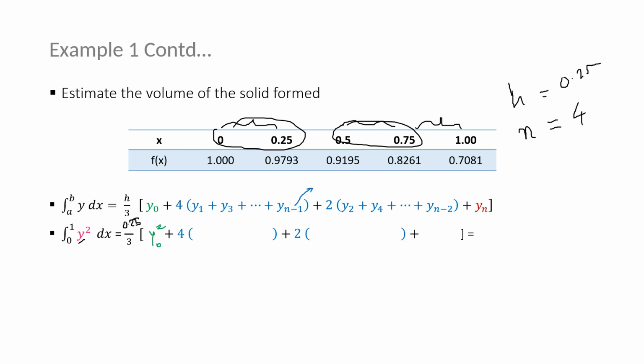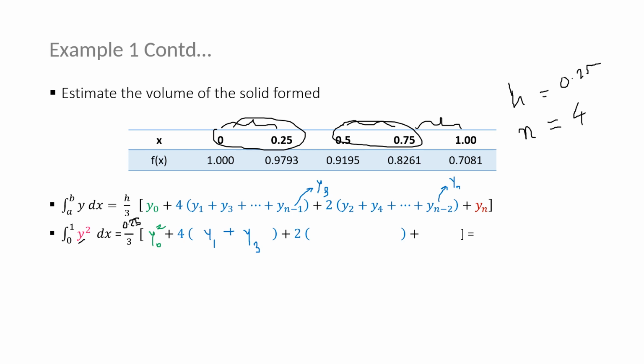As n is 4, this is 4 minus 1, 3. So the last term in the first blue colored bracket should be y3. Hence there will be only two terms in this bracket, y1 and y3. Then in the second blue colored bracket, the last term should be n minus 2, as n is 4. 4 minus 2 is 2.